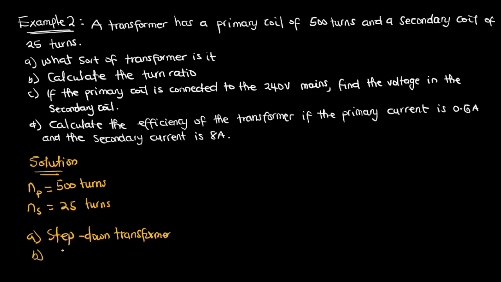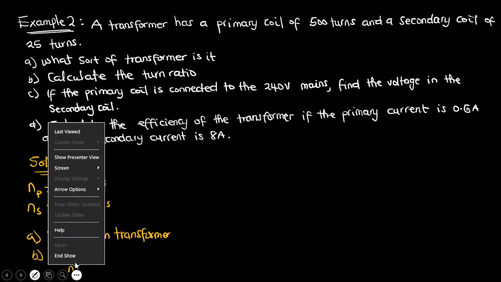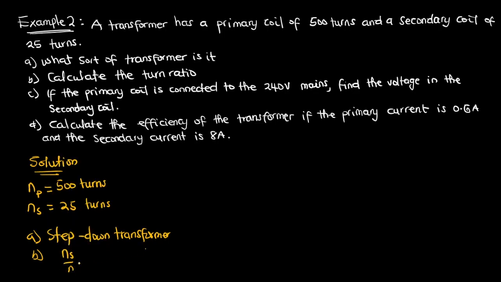Now the turn ratio is either NP over NS or NS over NP, regardless of how you want to do it. So B is either NS over NP, depending on how you want to do it. So I'll use this.